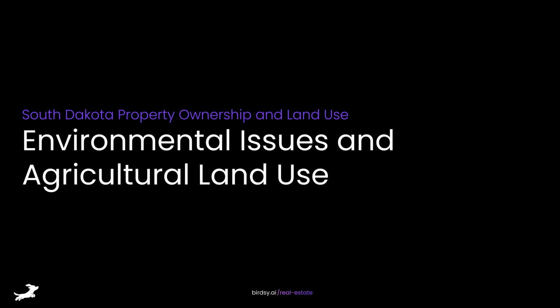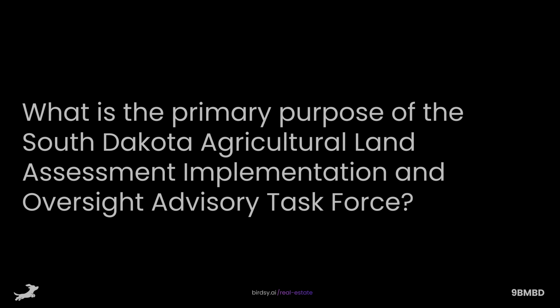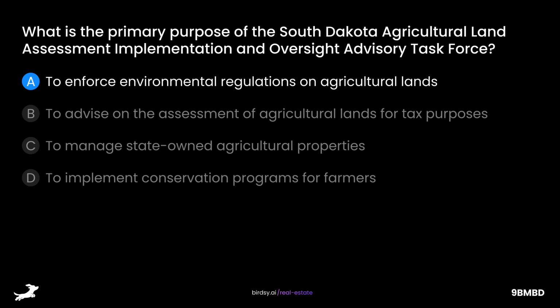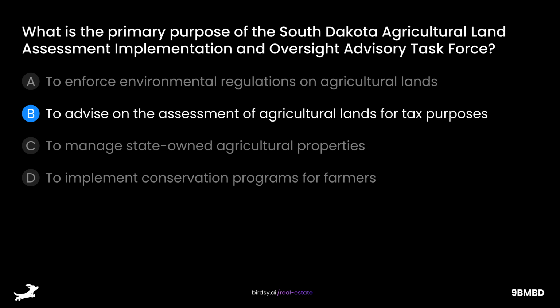Environmental issues and agricultural land use. What is the primary purpose of the South Dakota Agricultural Land Assessment Implementation and Oversight Advisory Task Force? Is it A, to enforce environmental regulations on agricultural lands, B, to advise on the assessment of agricultural lands for tax purposes, C, to manage state-owned agricultural properties, or D, to implement conservation programs for farmers?